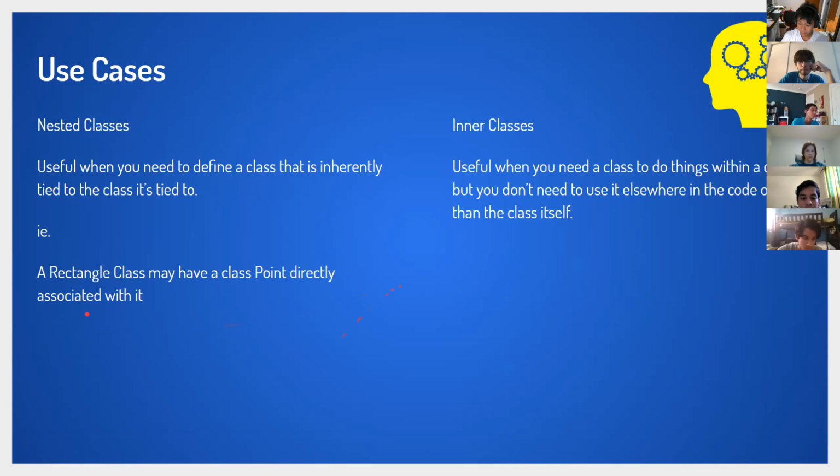Yeah. I think a key thing to understand about the difference between nested and inner classes is that because the nested classes are static and the inner classes are not, the inner classes are going to be associated with a specific instance.